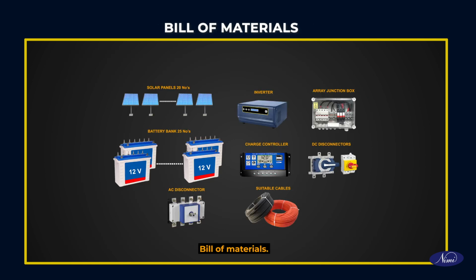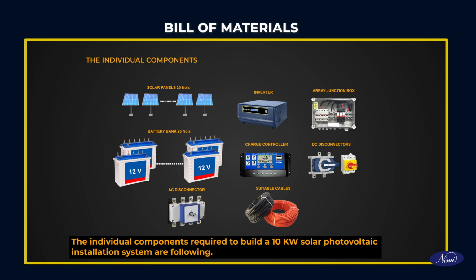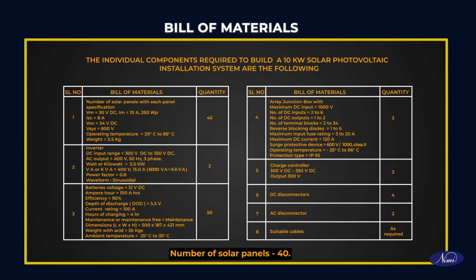Bill of materials. The individual components required to build a 10 kilowatt solar photovoltaic installation system are the following. Number of solar panels 40. Inverter 2. Battery bank 50. Array junction box 2. Charge controller 2. DC disconnectors 4.